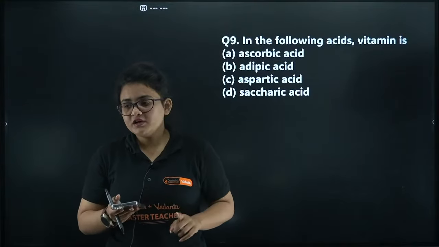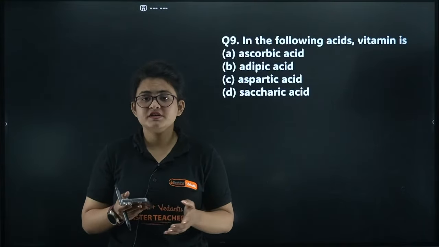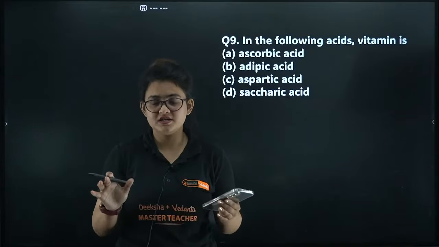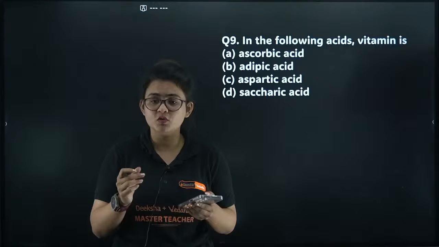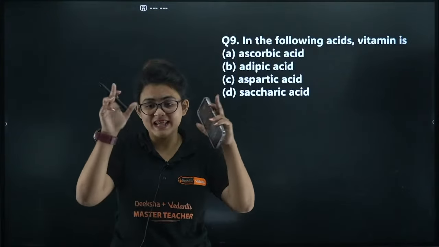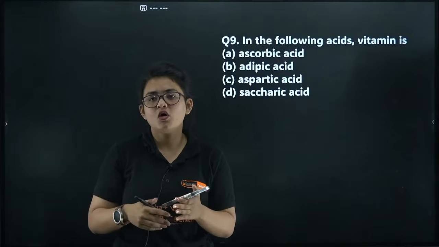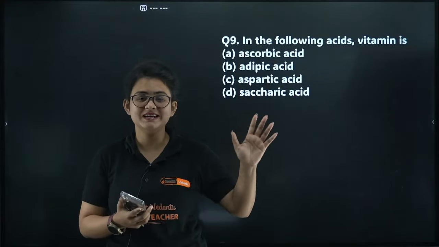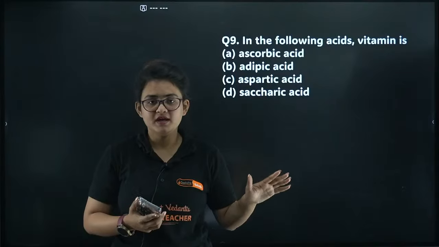One video I made is a 20-minute rapid revision on all the reaction chemistry, that can help you out. And there I gave one table. In that table, all the name reactions in organic chemistry are listed in a proper way.